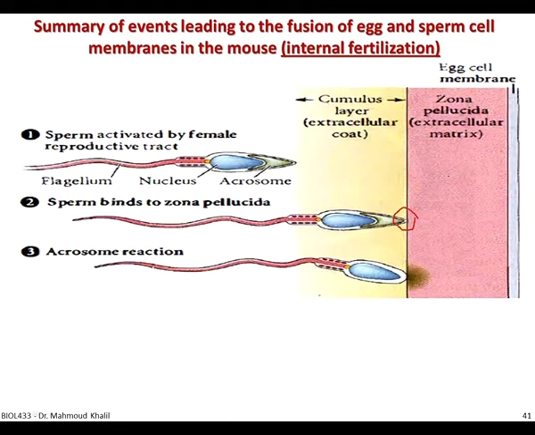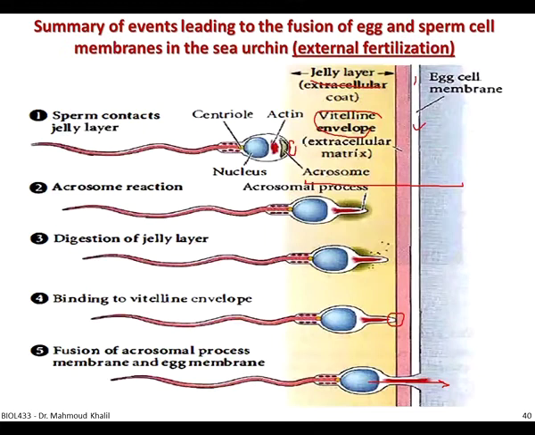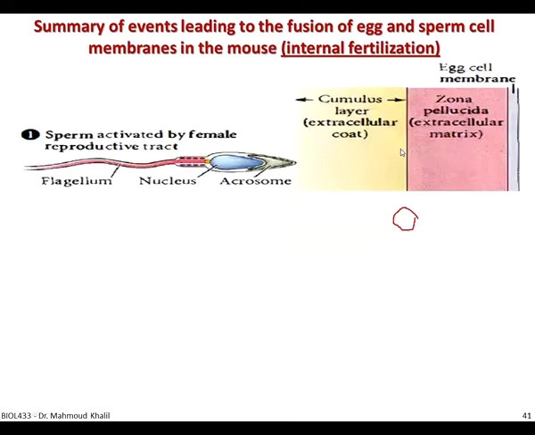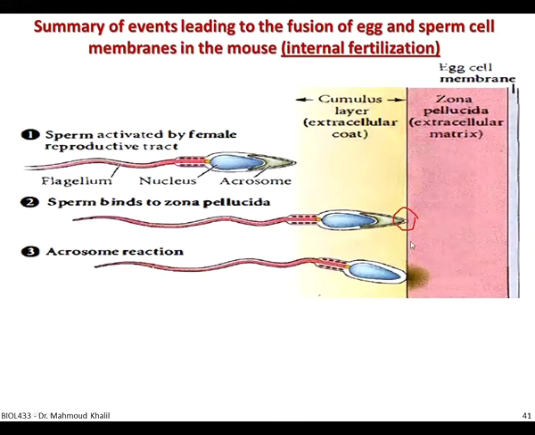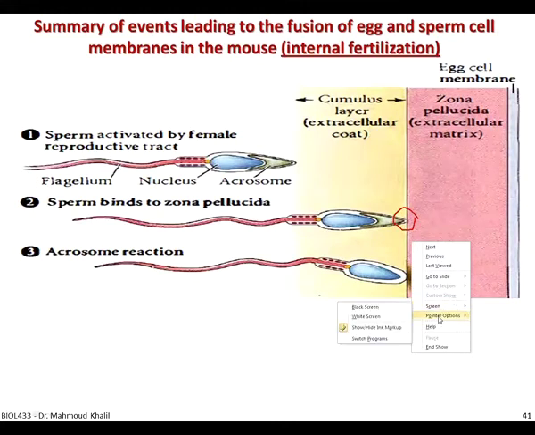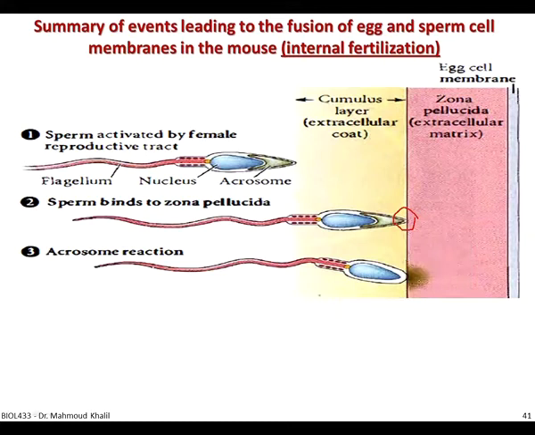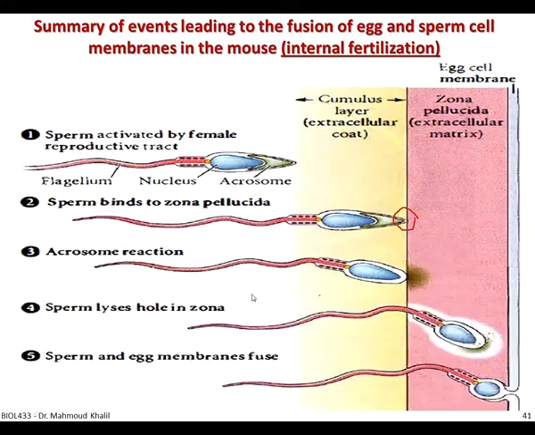You can see a major difference here: the thickness of the zona pellucida is much greater than the thickness of the parallel layer in the previous slide, which is called the vitelline envelope. So here, the contact leads to the start of the lysis process of the acrosome reaction.